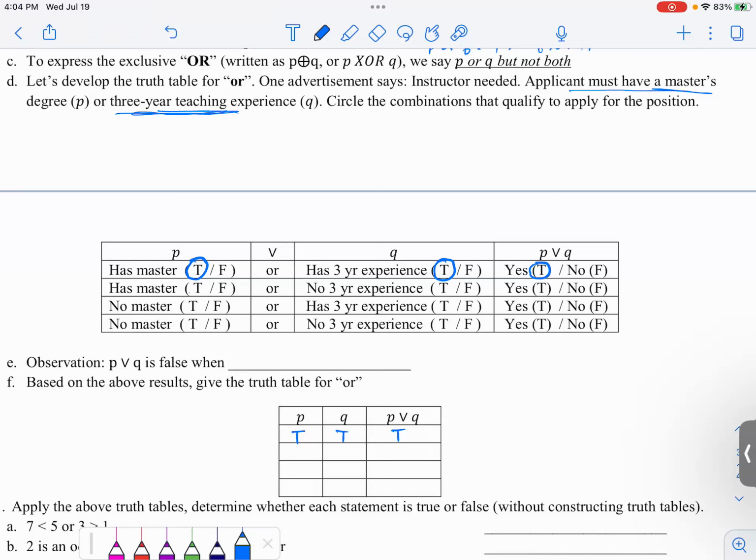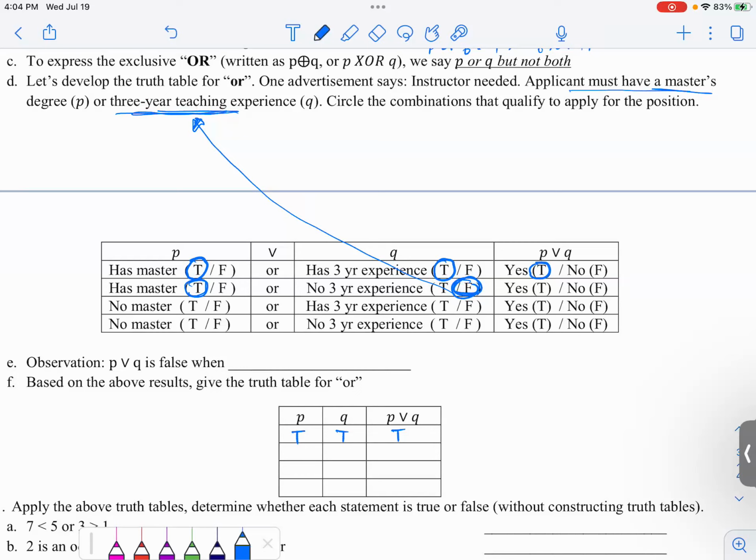Now, what if you have a master's degree, but you have no 3-year experience? Suppose you don't have 3-year experience, that means Q is false. Are you eligible to apply?